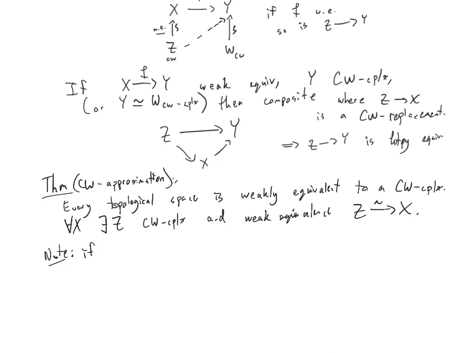If X is path connected, we can make Z have a single zero cell, which shouldn't be super surprising.